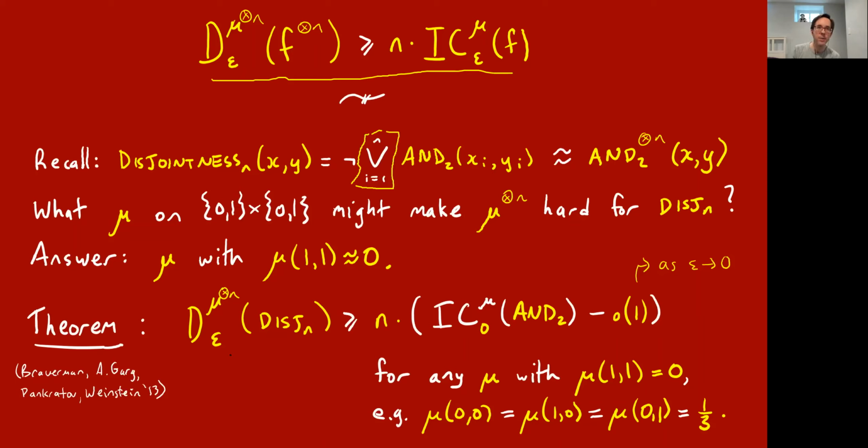They show that the communication complexity for disjointness, when you use this n-fold copy of the mu distribution, is at least n times basically the information complexity of computing the AND function with 0 error under your distribution mu, for any mu that has exactly 0 probability on 1,1. Which is a bit funny, but this is the theorem that you can prove.